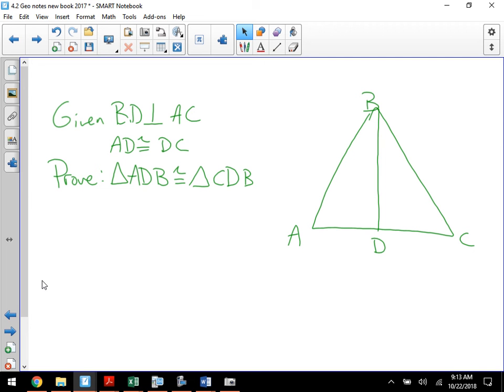So now we're given perpendicular, which means you have to look at your progression sheet. What does it tell you to do when you're given perpendicular?